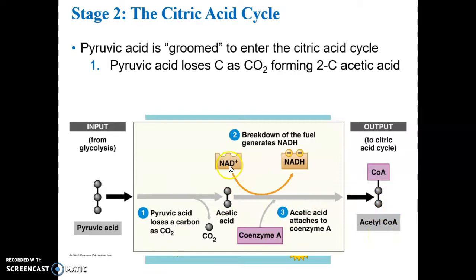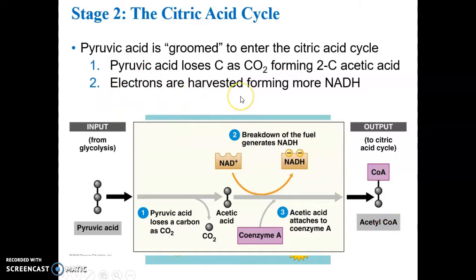Okay? And then also notice, we form another high energy electron carrier that's carrying electrons and hydrogen ions or protons. Okay? So the electrons are harvested, more electrons to form more NADH.